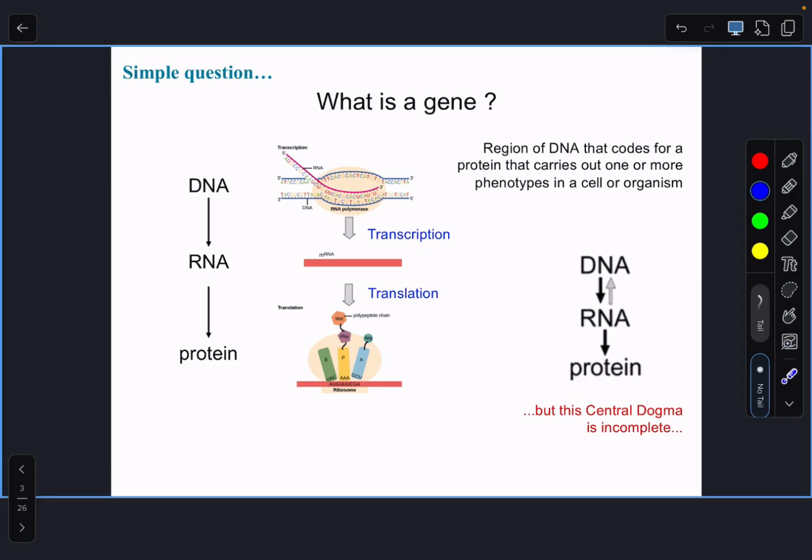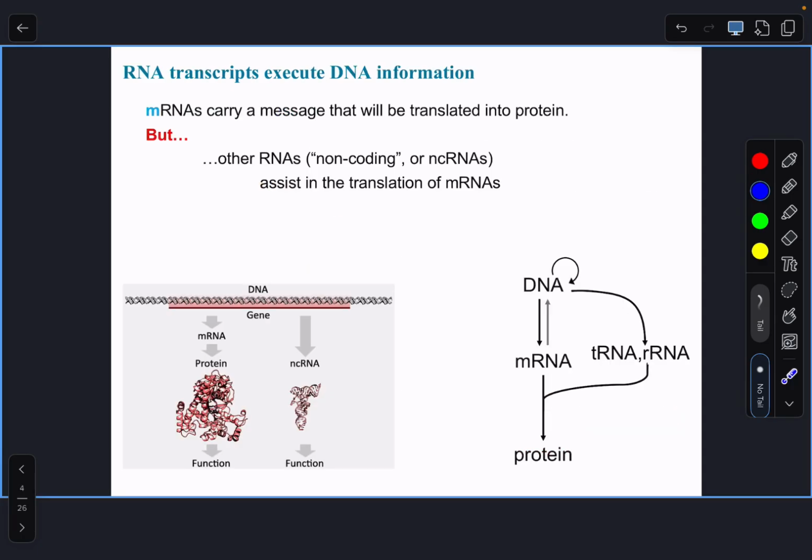But not only is that depiction incomplete in many ways, but it's also, again, slightly misleading in that it conveys this idea that DNA gets transcribed into RNA, all of which is translated into protein. And that is not entirely true, because there exists this very large family of what we call non-coding RNAs.